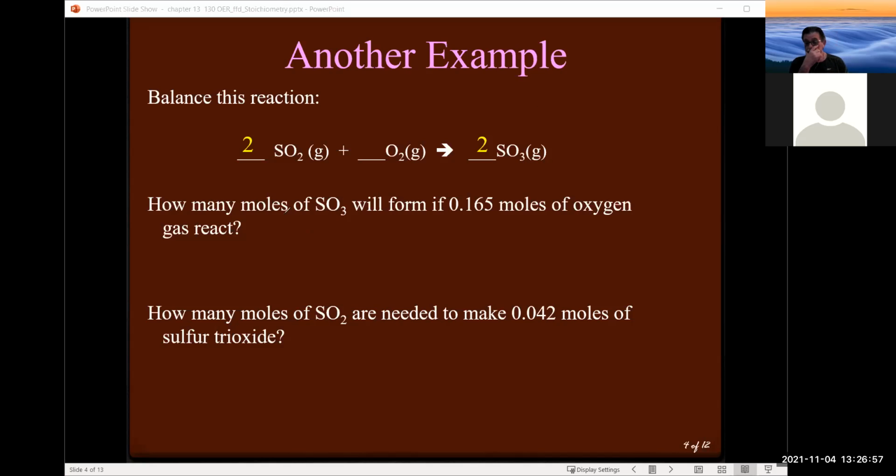We have 2 sulfurs on the left, 2 on the right, so sulfurs are okay. We have 4 oxygens over here and 2 oxygens over here, a total of 6 oxygens. We check the products, and yep, we got 6 oxygens over here. So we are balanced.